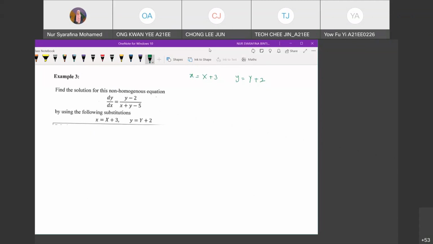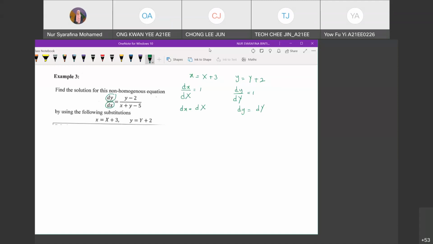So dx equals dX, dy equals dY. Actually, this is a different variable. You can just use another variable so that you can see the difference. So now your dy is actually dY. Your dx is now dX.